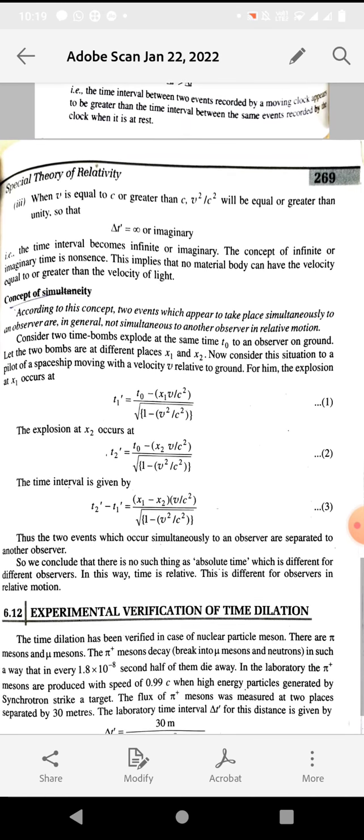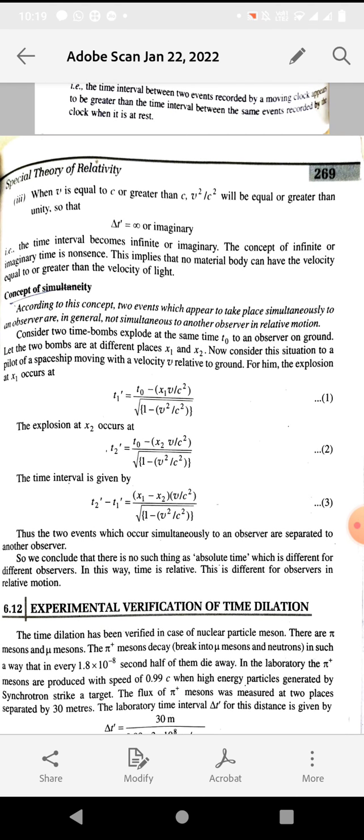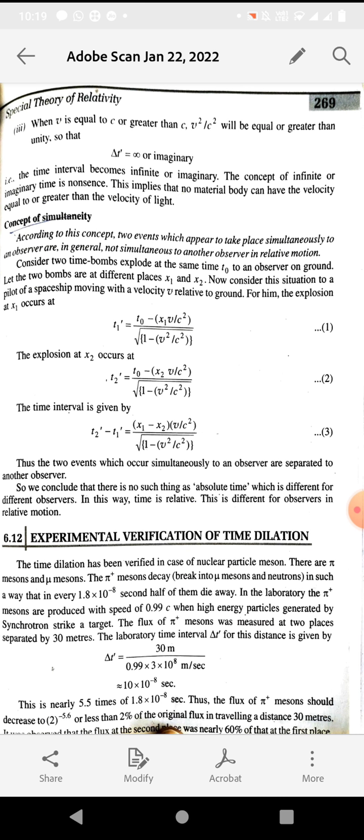Now the concept of simultaneity. Simultaneity means two events happen at the same time. If two events happen at the same time, that is called simultaneity. It comes from the special theory of relativity. What is the time dilation, that is, how much more time we get from one event to another event?